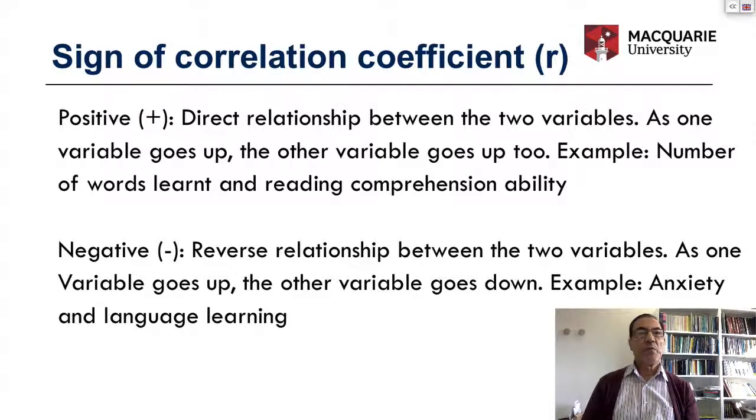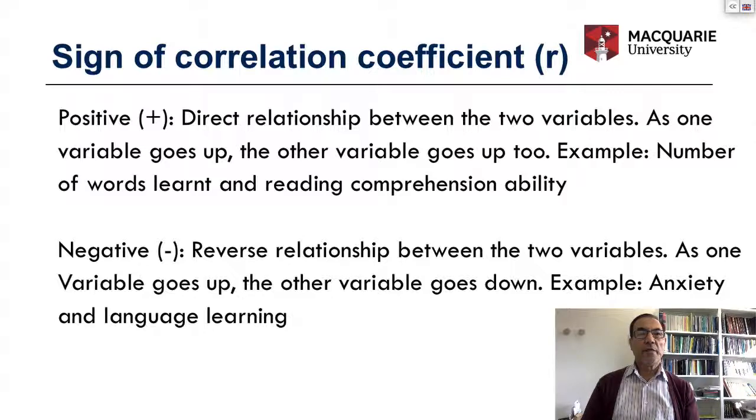For example, if there is a high correlation coefficient between the number of words known by participants and their reading comprehension performance, then this means that when one goes up, the other one goes up as well. When one increases their knowledge of words, they increase their comprehension performance as well.